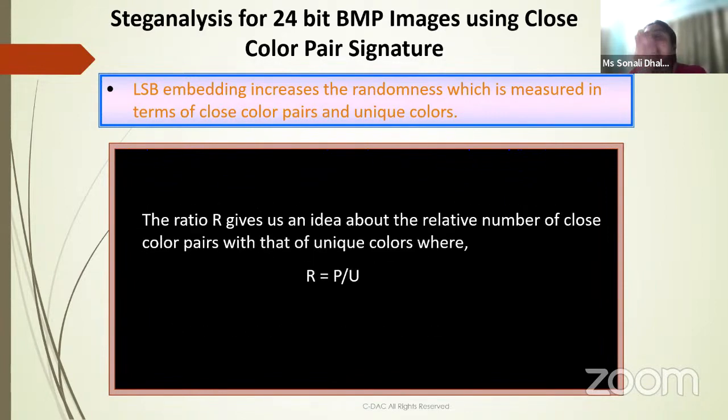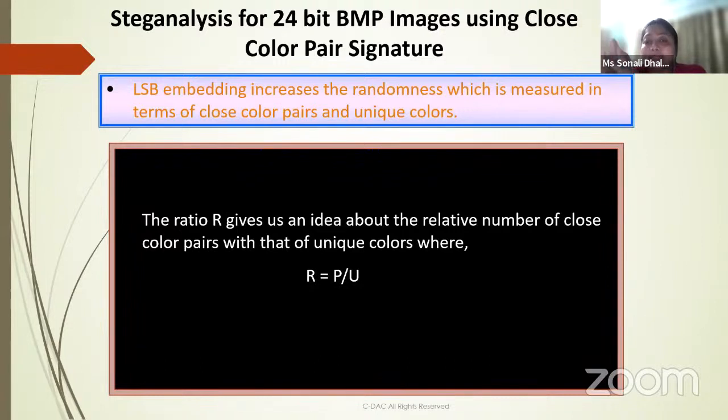Now in statistical steganalysis, there is a drawback: if the payload, or the amount of hidden information, is not very high, then the statistical measure doesn't give very good results. At least 30 to 40% payload is required for a good result.